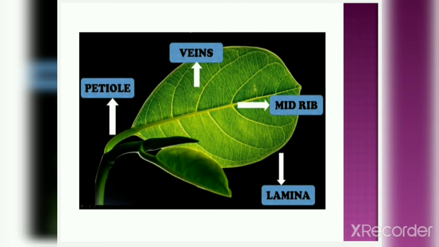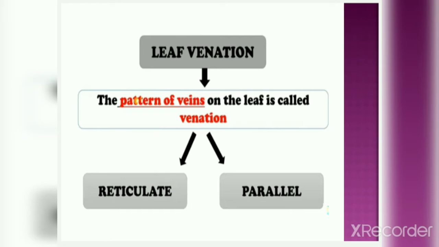So let's revise again: the broad green part is called the leaf lamina, the thick vein in the middle is called the midrib, small lines on the leaf are veins, and the part with which the leaf is attached to the stem is the petiole. Now the veins also make a pattern on the leaf, and this is called venation.